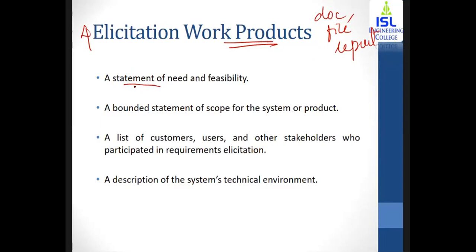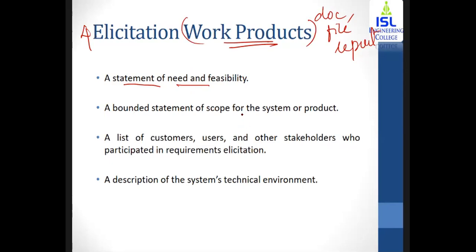That is, why you're developing the software. Whenever you're working on mini projects, you make a report for the particular software: what is the problem statement, what is the solution, what are the hardware and software requirements, and the different diagrams to represent your project. That is similar to a work product. So you have a statement of need and feasibility, that is, why the software was developed.